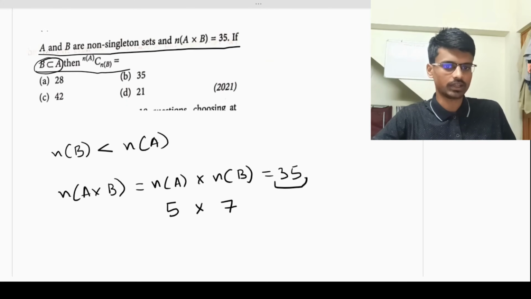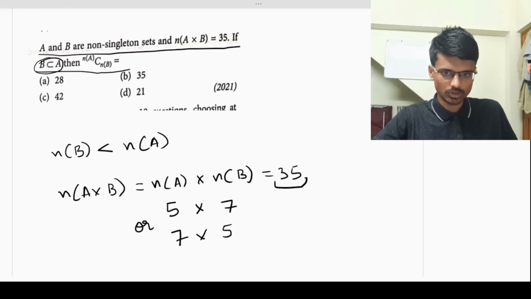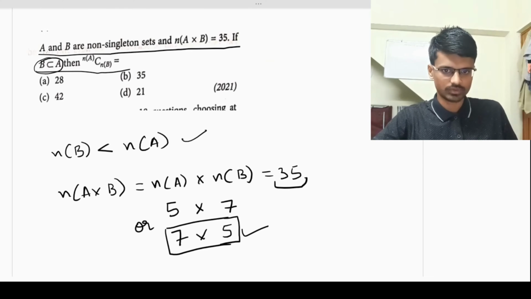It cannot be 35 into 1. It can be either 5 into 7 or 7 into 5. Out of these two, one holds good. But we also know that n of A is bigger than n of B. That means this case is true, right? n of A is 7. n of B is 5.